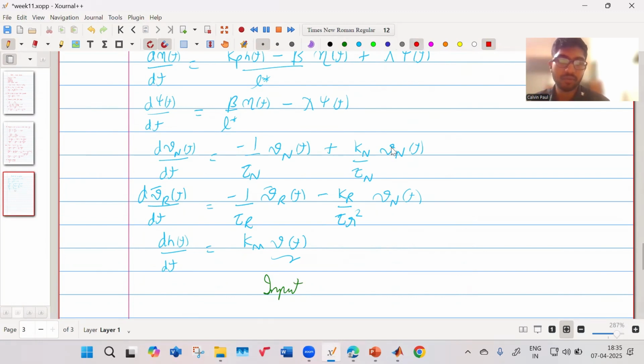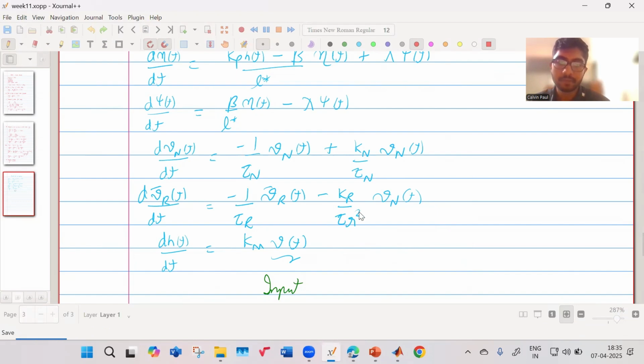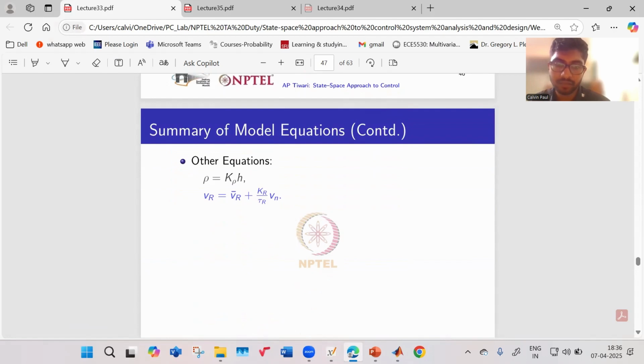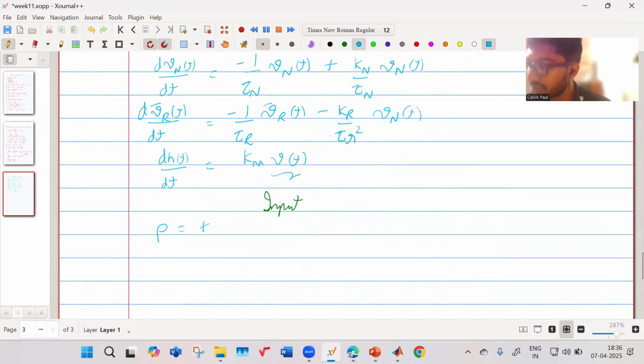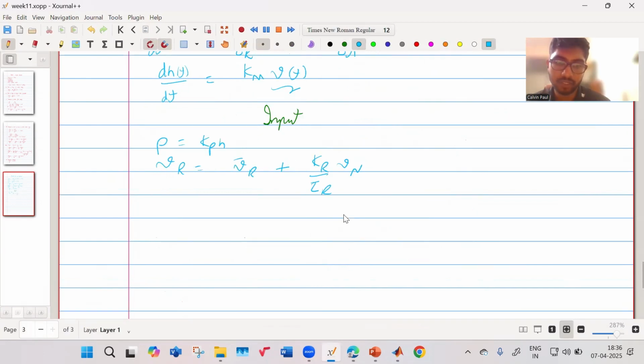Another equation is rho equal to k rho h, and VR bar is equal to VR plus kR upon tau R into Vn. This is the formula for VR.